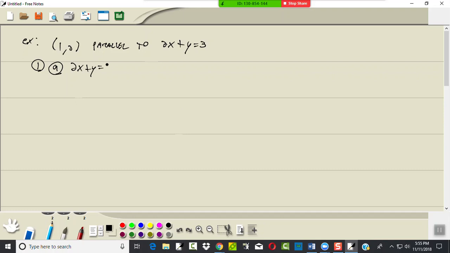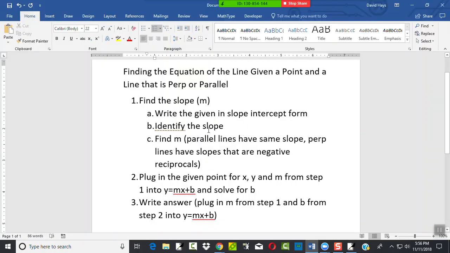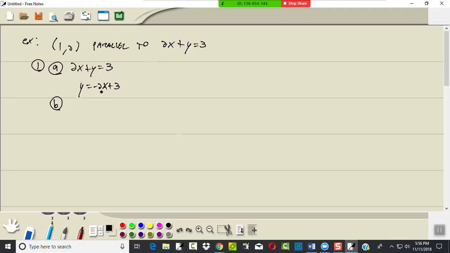So we want to solve for y. In this case, I'll take 2x to the right side. So we got y is equal to negative 2x plus 3. Remember, when you take anything across the equals, your sign changes. Our second substep says to identify the slope. The reason why we put it in slope-intercept form is so we can easily see what our slope is. It's whatever number's in front of our x, which is negative 2.